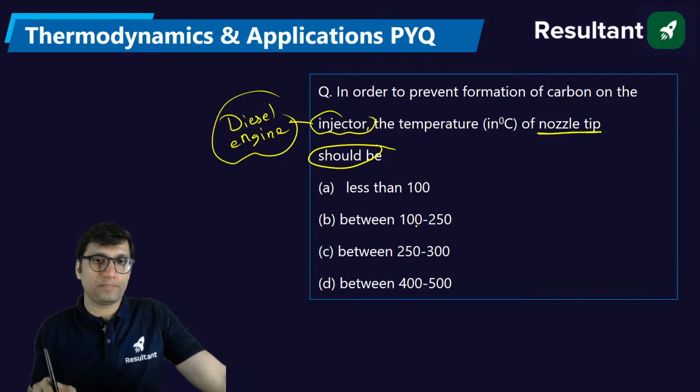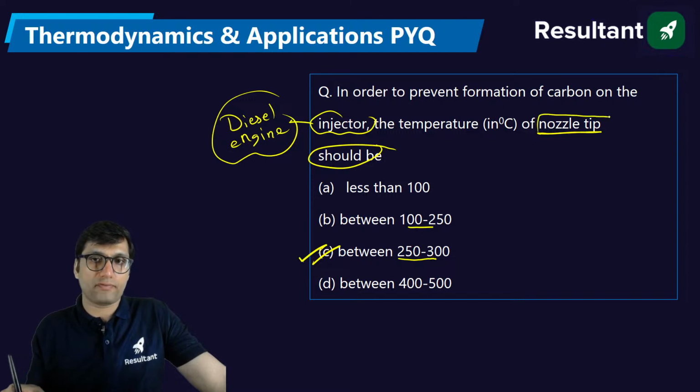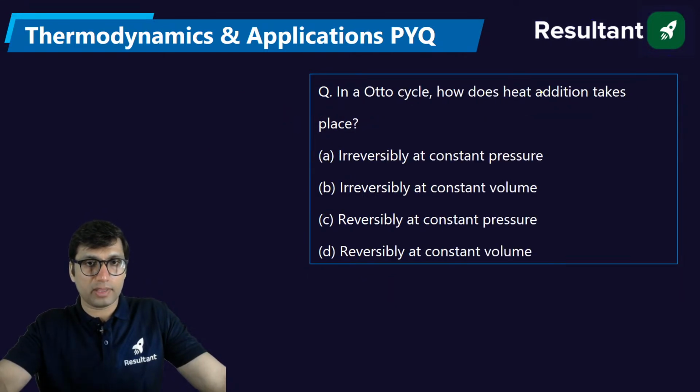Less than 100, between 100 to 250, or 250 to 300 degrees Celsius. The correct answer is 250 to 300 degrees Celsius, the required temperature at the tip of the nozzle from which the fuel is injected in the diesel engine, if you don't want the formation of carbon on the fuel injector.